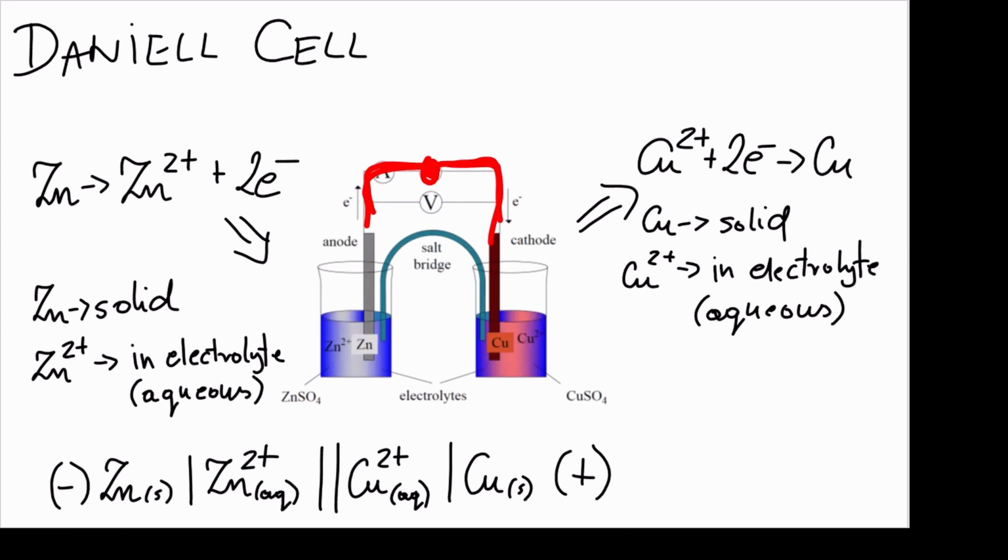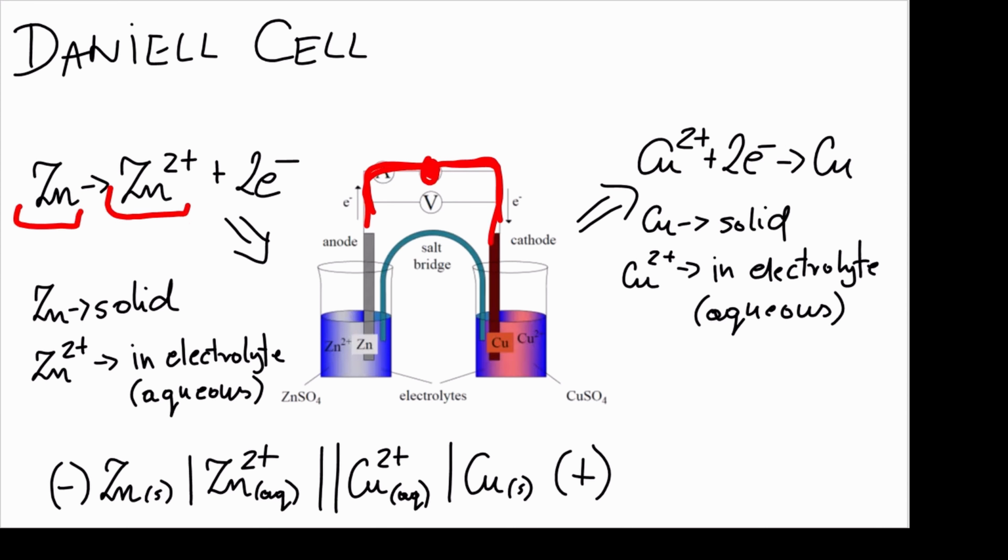Okay, so let's see how it works. In the anode, as I said, we have an oxidation reaction. Zinc is oxidized from the metallic form to the cation form.